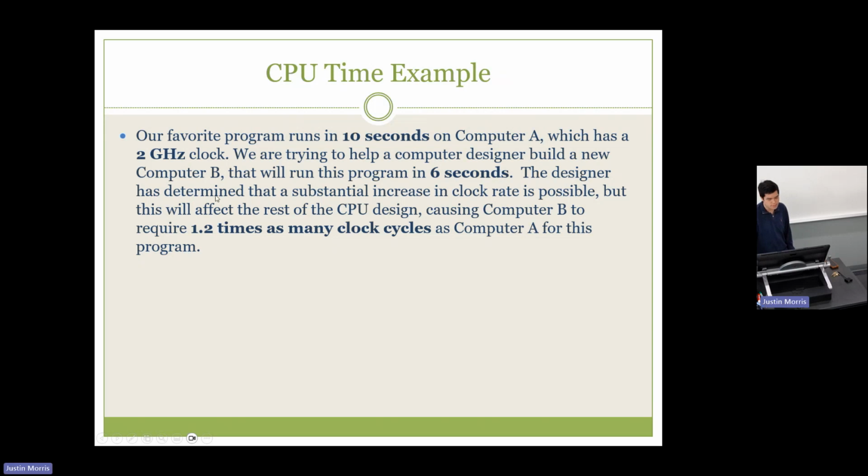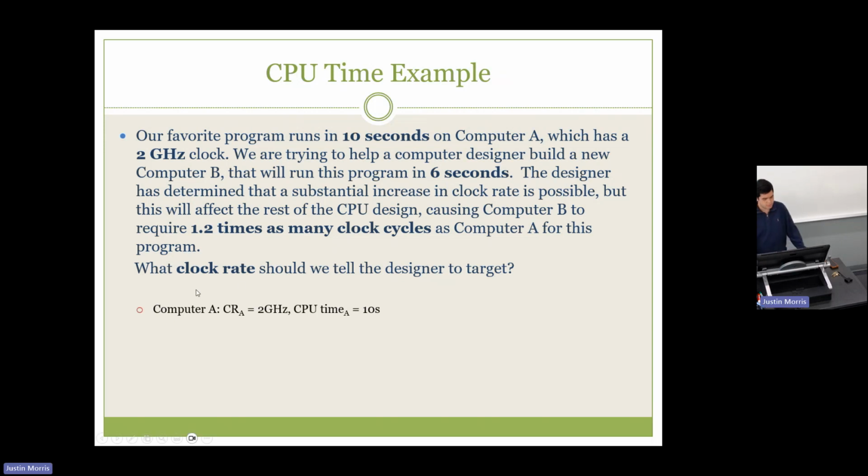The designer has determined that a substantial increase in clock rate is possible, but this will affect the rest of the CPU design, causing computer B to require 1.2 times as many clock cycles as computer A for this program. So the question is, what clock rate should we tell the designer to target in order to achieve this 6 seconds of execution time?